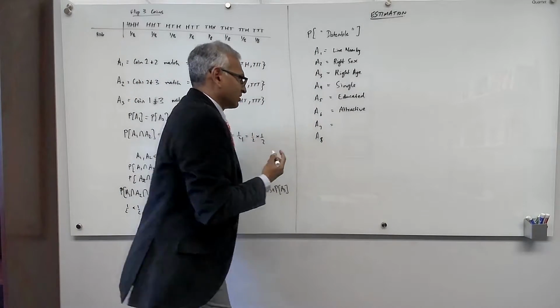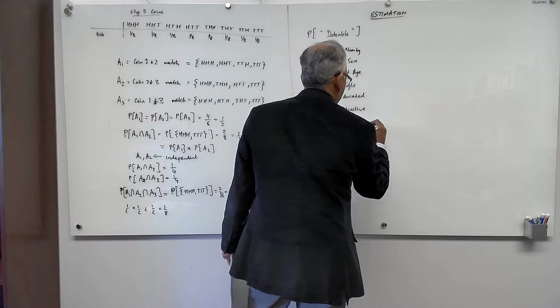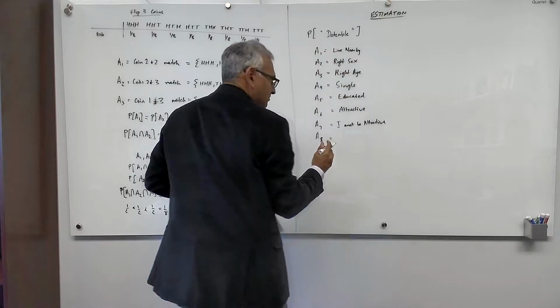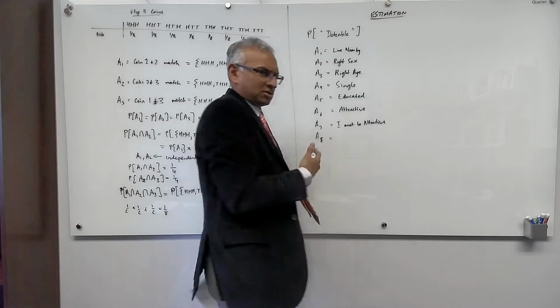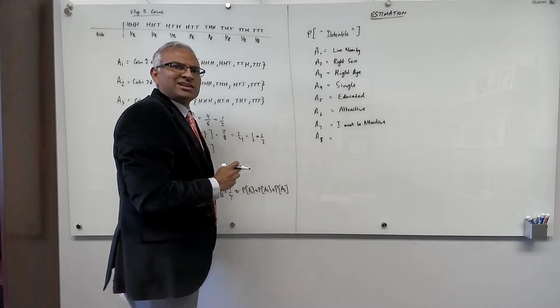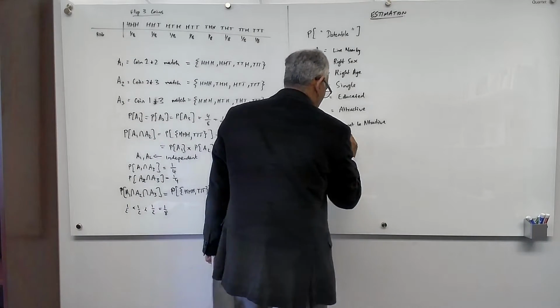So I must be attractive. And one final condition, if we're going to be able to go on a date, we must get along. That's also a nice thing. So on the one hand, we've got physical attractiveness, and on the other hand, we have personality attractiveness. So we must get along.